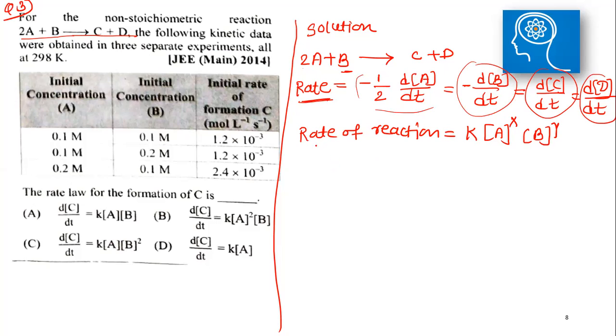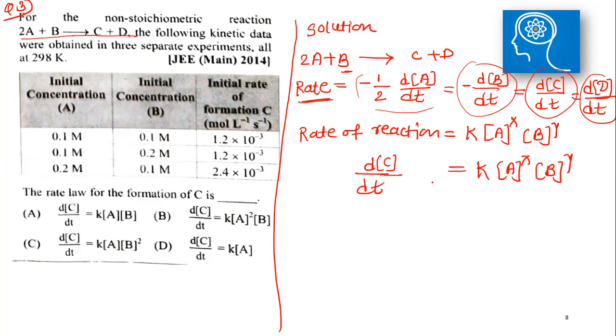So मी जर का इथे रेट ऑफ रिएक्शनच्या प्लेसला d by dt of concentration of C पुट केलं, ओके, which is equal to हे राइट साइड ॲज इट इज, that is k concentration of A to the power x, concentration of B to the power y.